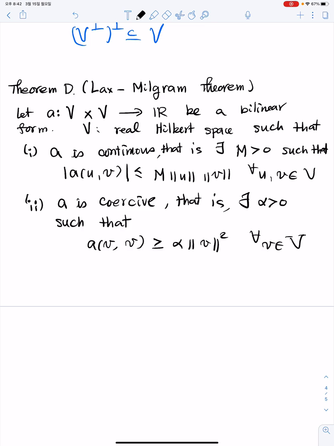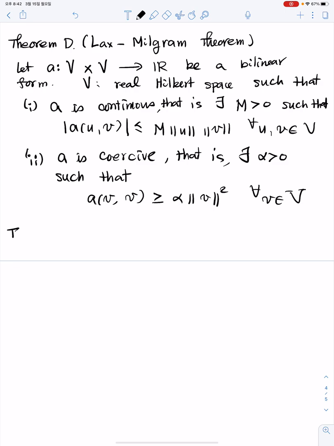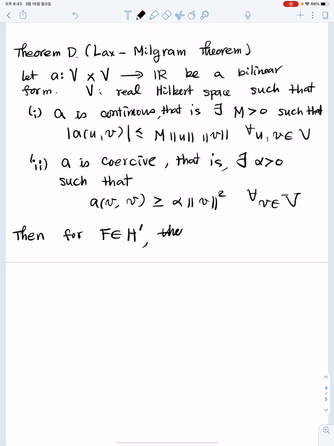Okay. Then for F in the dual space V prime, there exists a unique solution. It's a little bit generalized Riesz representation theorem.